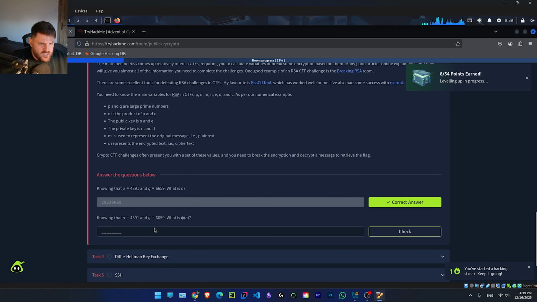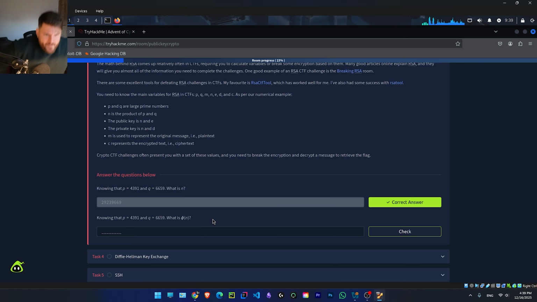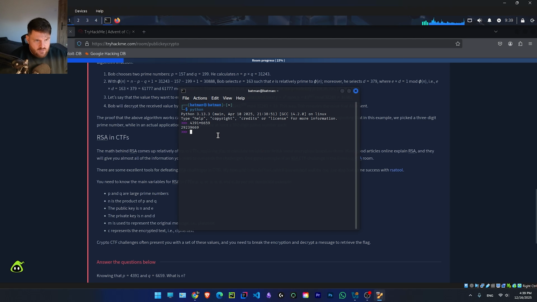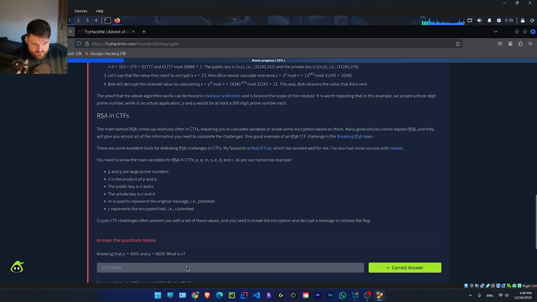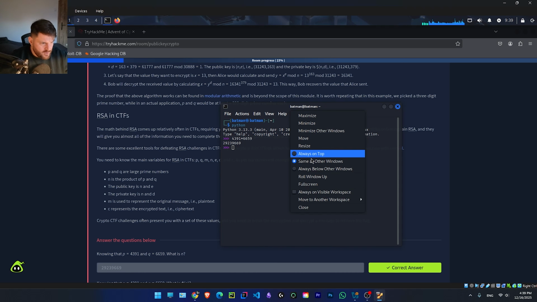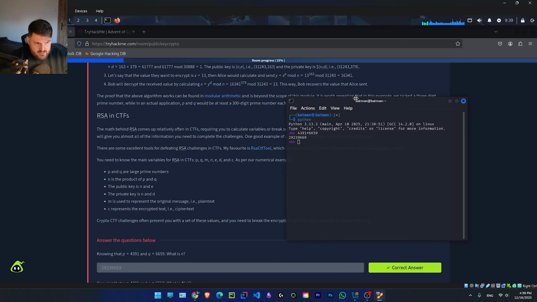Knowing p equals the same number as above and q equals the same number as above, what is phi(n)? All right, let's open our Python session.